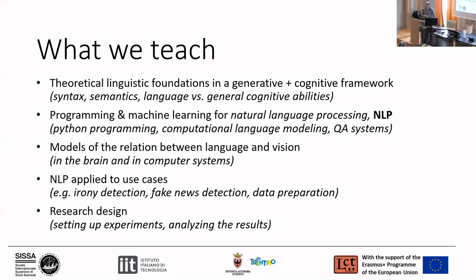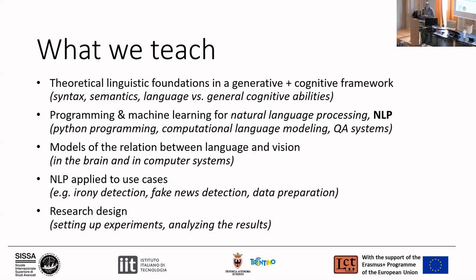There are people here that are very interested in the relation between language and vision, both in the brain, but also in current artificial systems that can, for instance, recognize images. So one of those questions is to what degree artificial vision systems develop representations which are somewhat similar to the way the brain develops them.